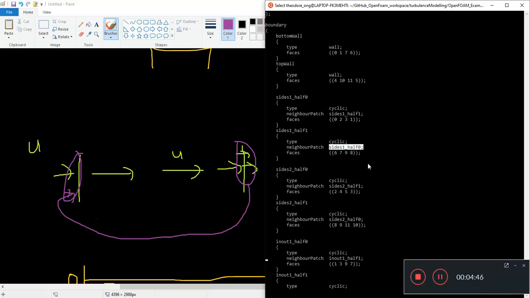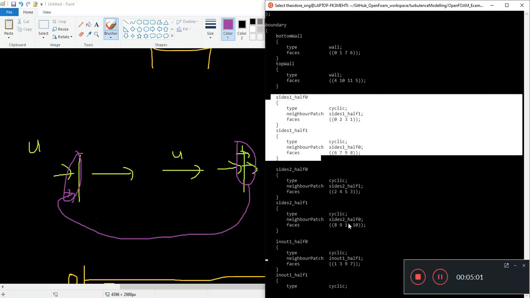So both of them should reference each other as the neighbouring patch, and the periodic boundary condition links them together. So these two are linked.